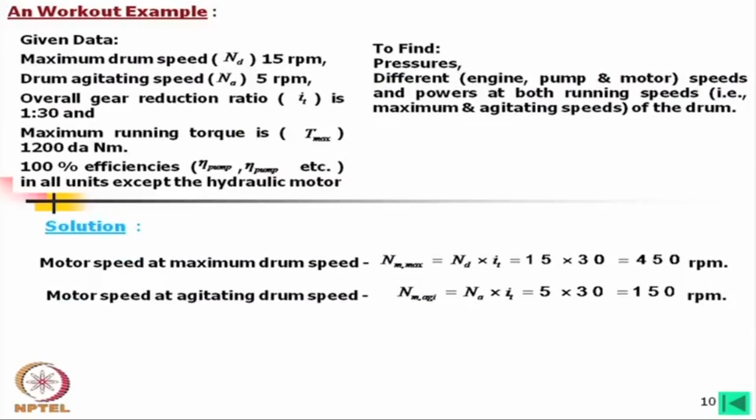So, gravity helps for mixing, while when we are discharging, it is probably not mixing. So, some power optimization is there, but anyway we do not know. Maximum torque will be 1200 deca-Newton meter. Now, motor speed at agitating drum speed is 5 into 30, 150 rpm.